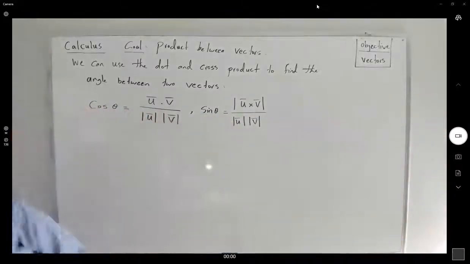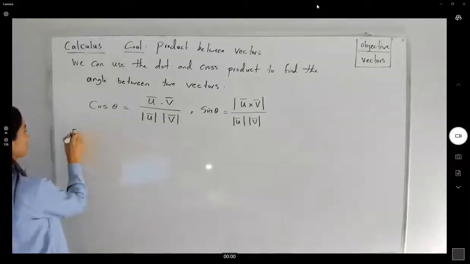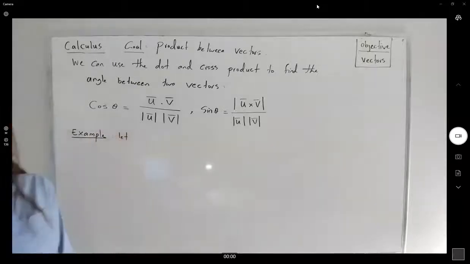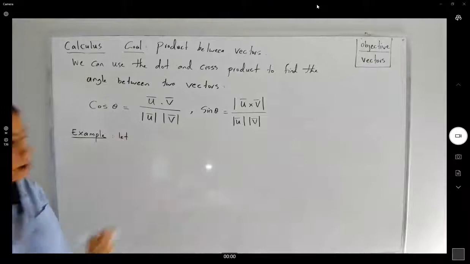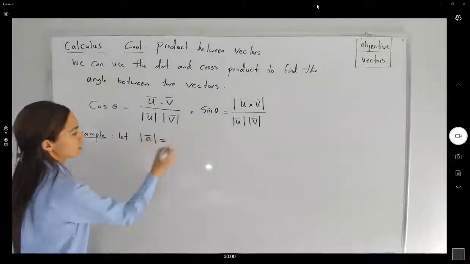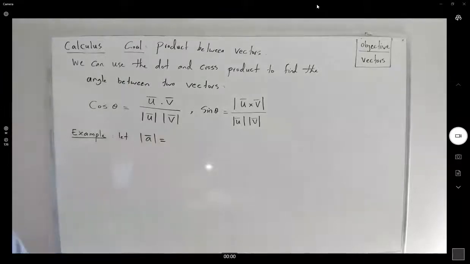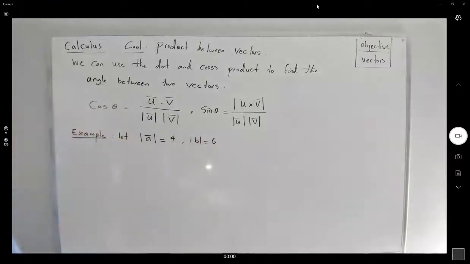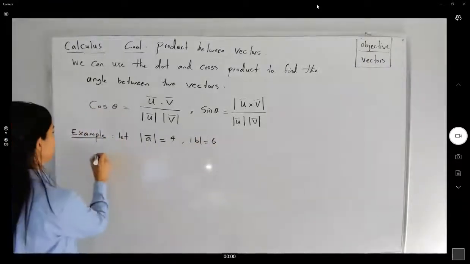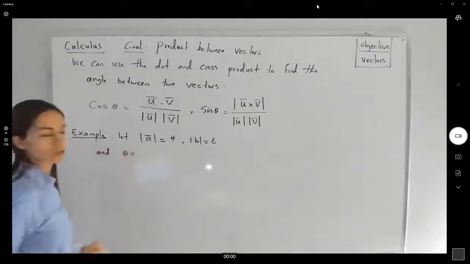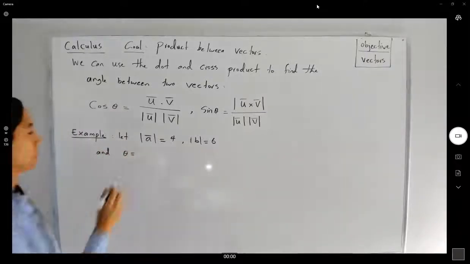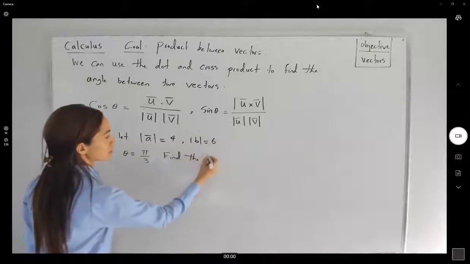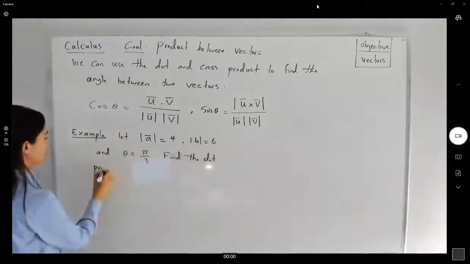So this example says, let the length of A be equal to 4, and the length of B be equal to 6. And theta, the angle between these two vectors, is equal to pi/3.